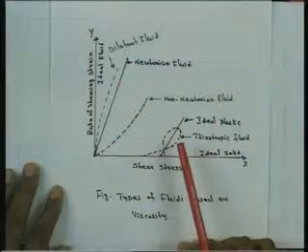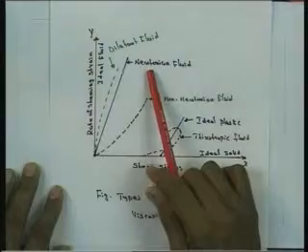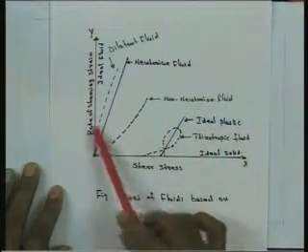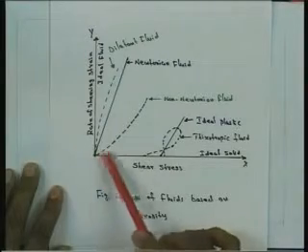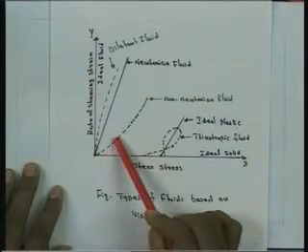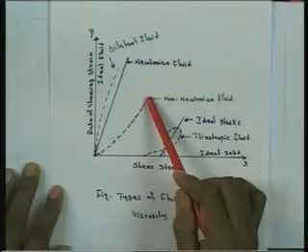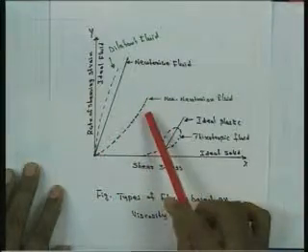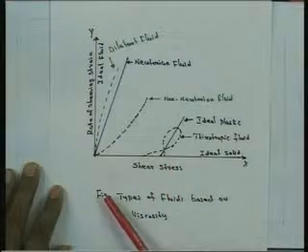That kind of fluid is called a Newtonian fluid. For example, water is a Newtonian fluid. And if the variation is not linear, like this line here, then that kind of fluid is called a non-Newtonian fluid.